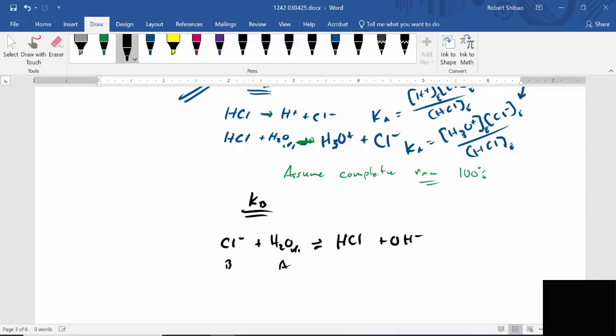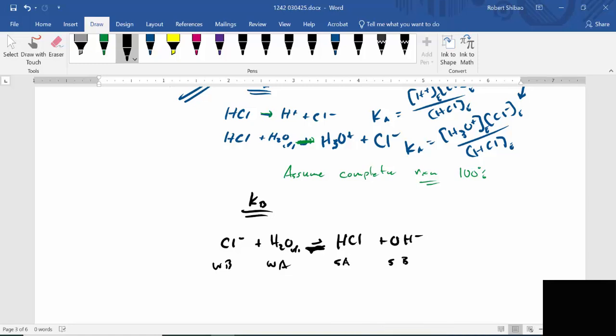Going backwards, which one's losing the hydrogen? Going backwards, this is our acid, this is our base here. Are we going from stronger to weaker or weaker to stronger? We're going from weaker to stronger. This is going to be heavily favored in the reverse. So if any reaction occurs here, it should be very small because there's a huge difference in base strength between chloride and hydroxide.